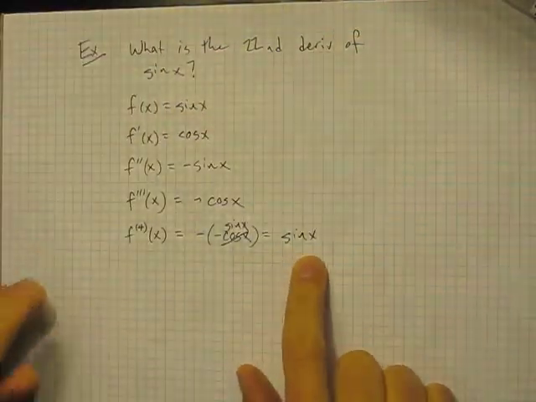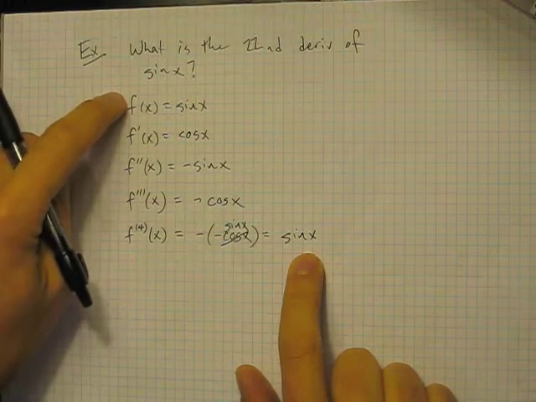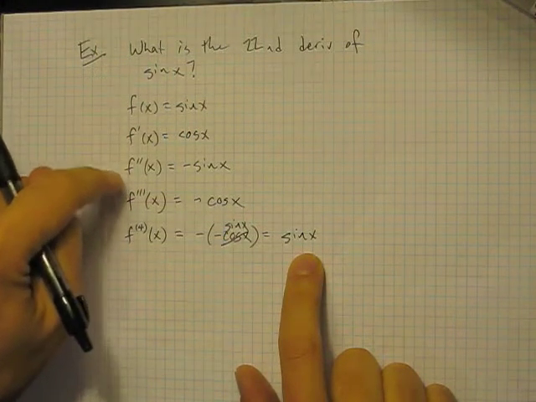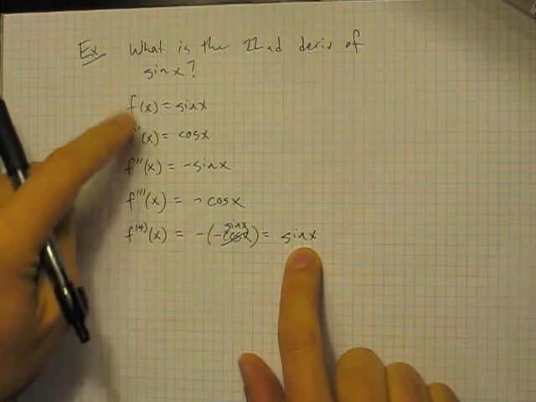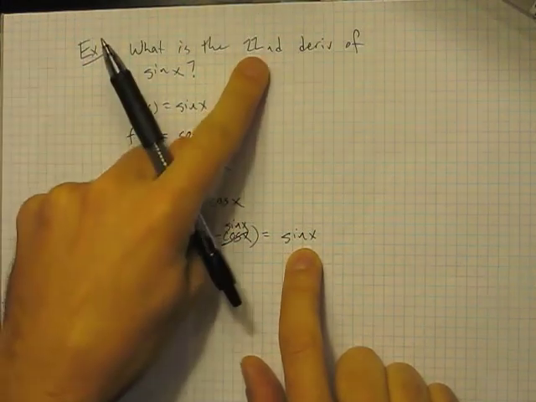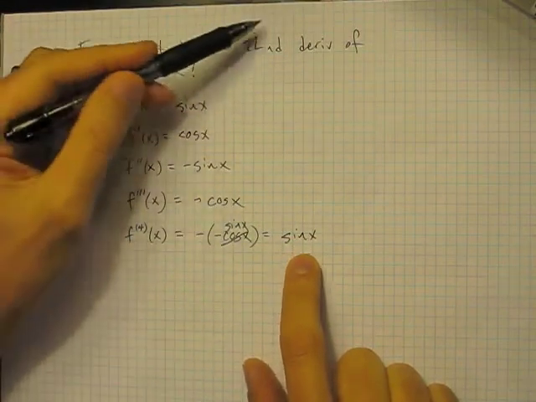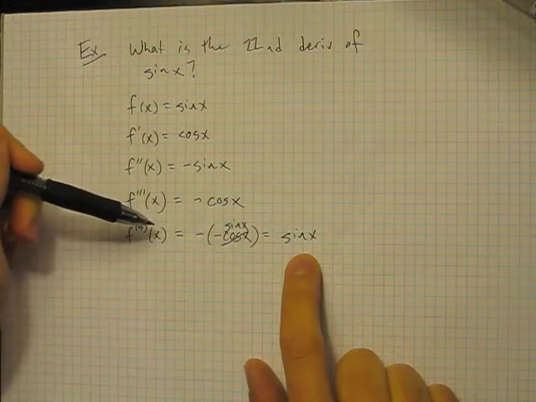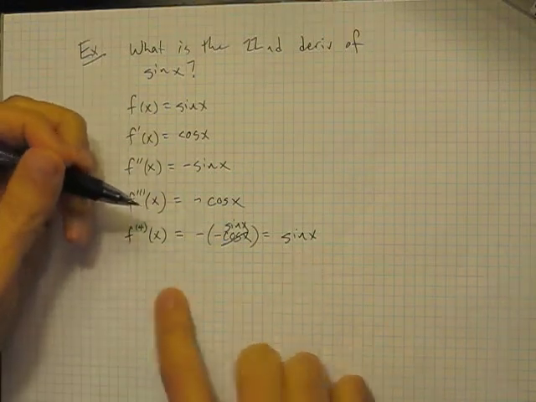Okay, look at what happened. The zeroth derivative is sine. After you take 1, 2, 3, 4 derivatives, you come back to where you started. So this gives us an easy way to compute the 22nd derivative of sine of x. Since it repeats every 4 derivatives, all we have to do is look 2 derivatives past that.